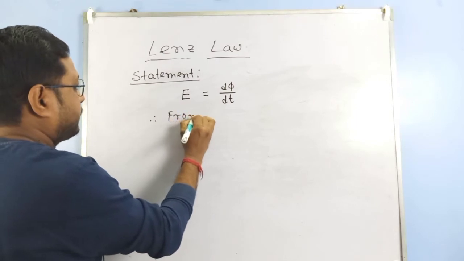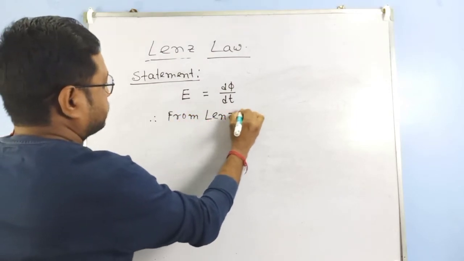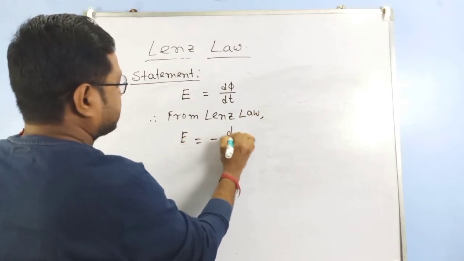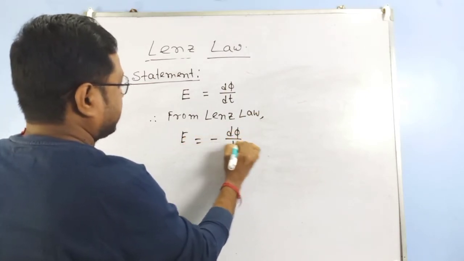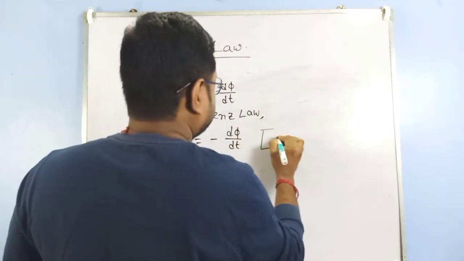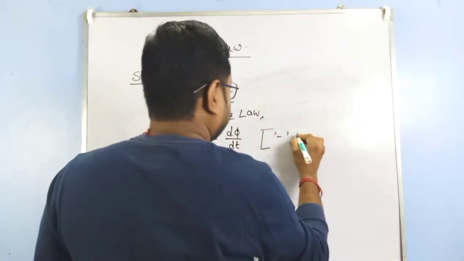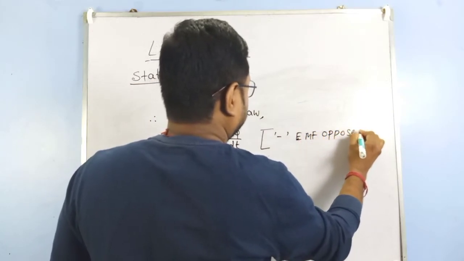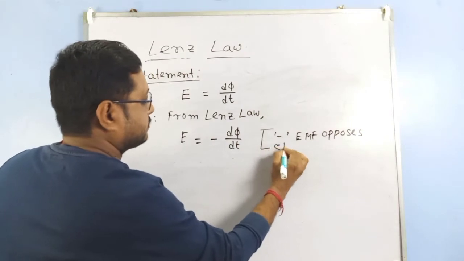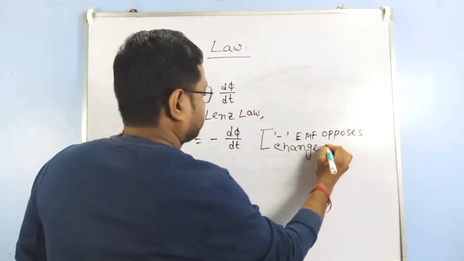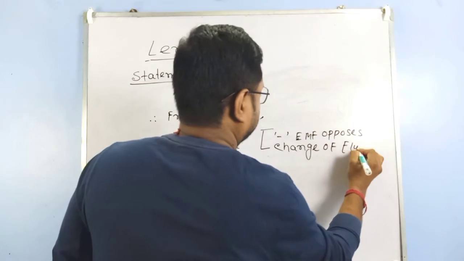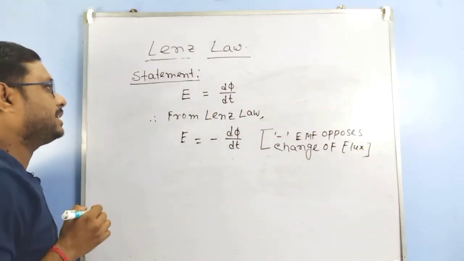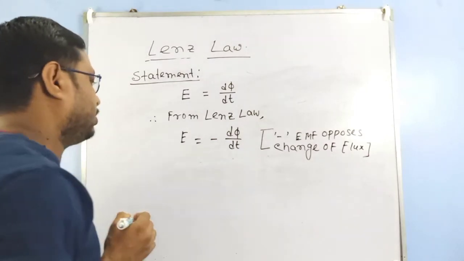From Lenz law we get the direction, that is minus d phi by dt. The negative sign indicates that EMF opposes the change of flux. E equal to minus d phi by dt is the mathematical formula of Lenz law.